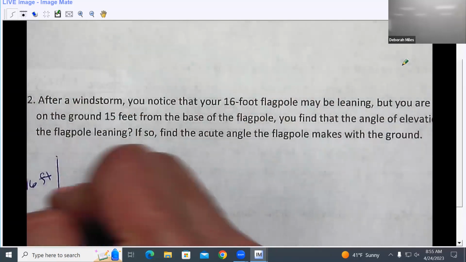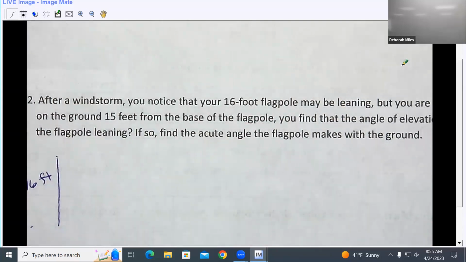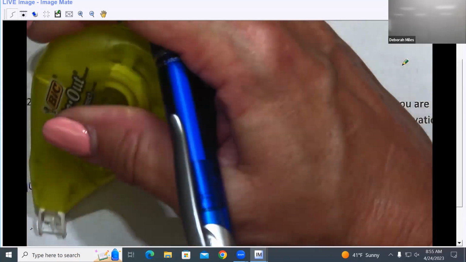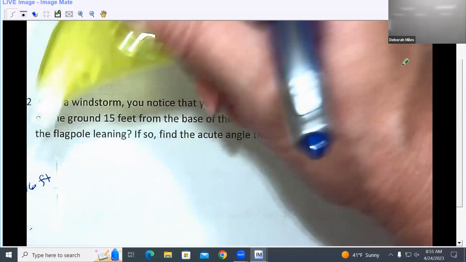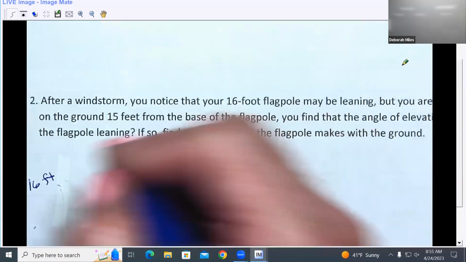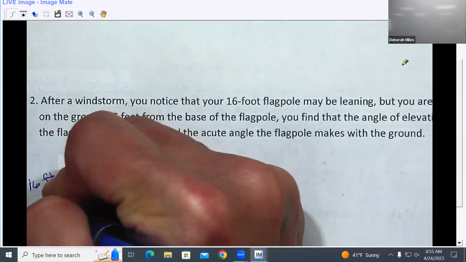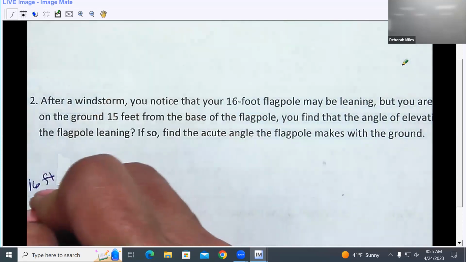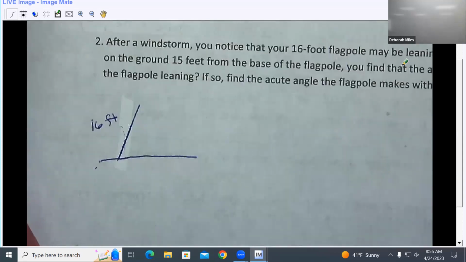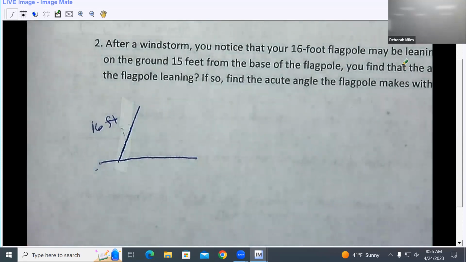I meant to make it look like it's not, or else you'll think it's a right triangle. Let's say it's just a little bit off. Okay, that is obviously leaning. And the ground's not even level, we'll play like it was.